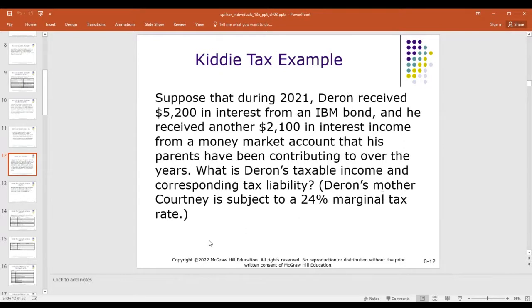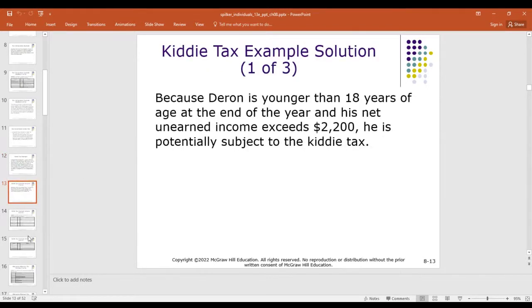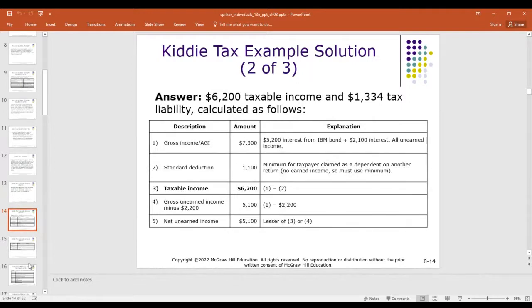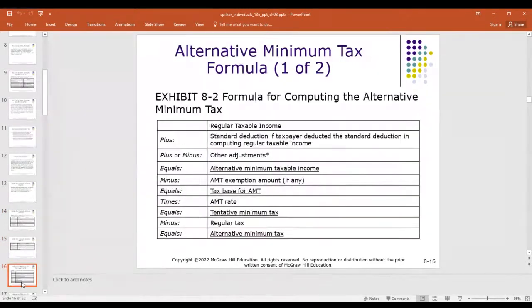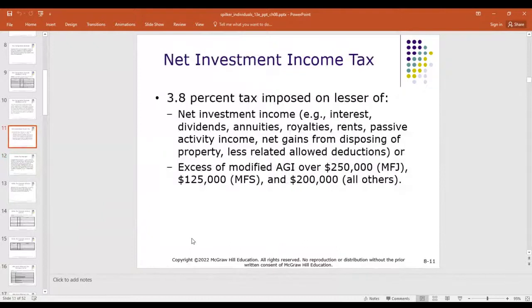In this example, they tell us Duran's mother is subject to a 24% marginal tax rate. Remember, that's what her next dollar of income will be taxed at. And this was the computation we saw in the book. So we're good there.